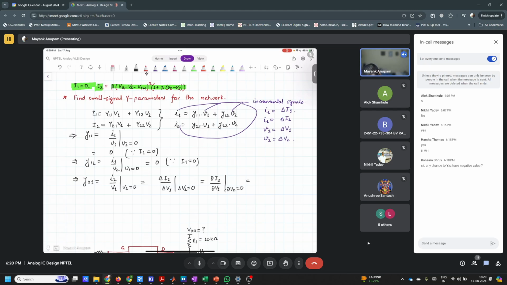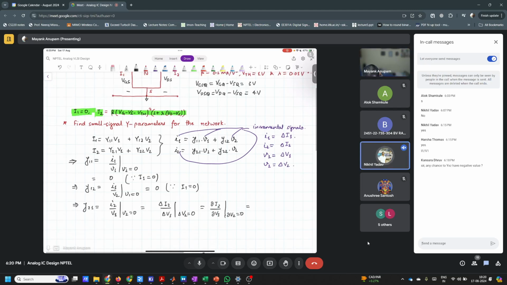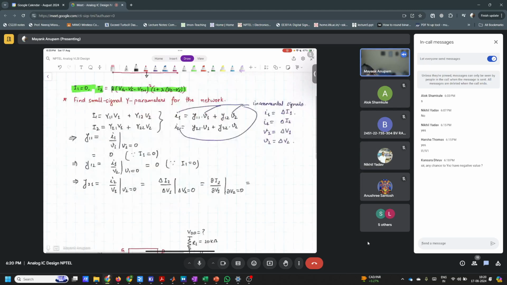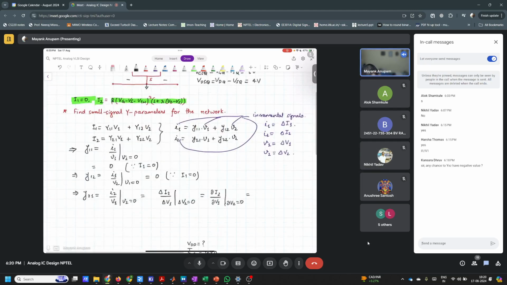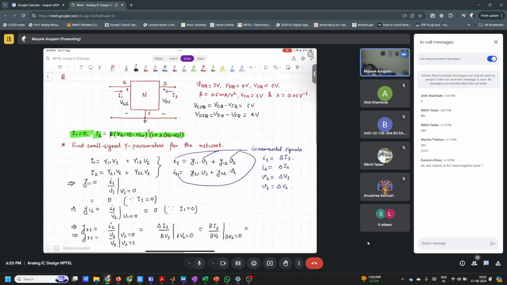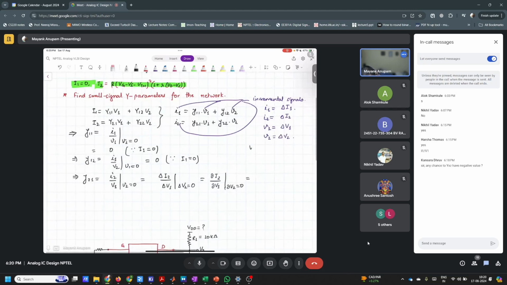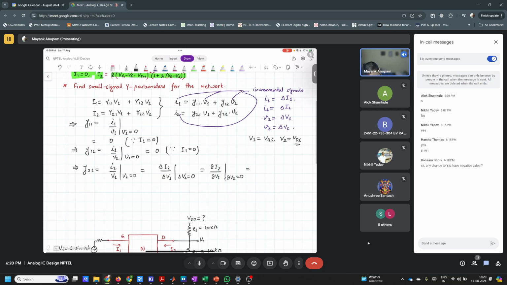Fine. So what will this be? It will become 2 beta (VGS minus VTH). By the way, this V1 here is VGS and V2 is VDS. I forgot to mention that. All right.